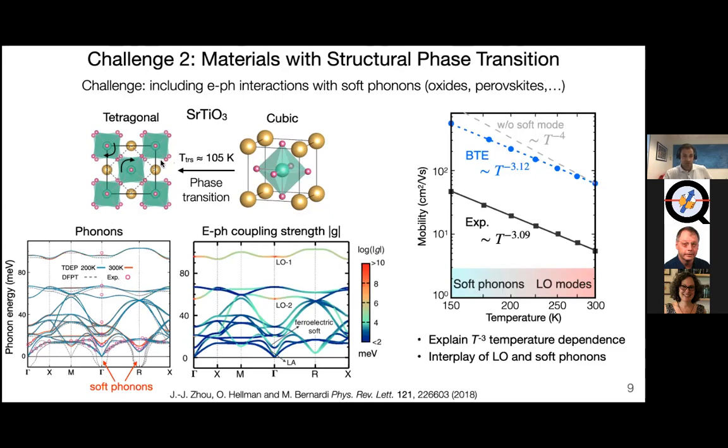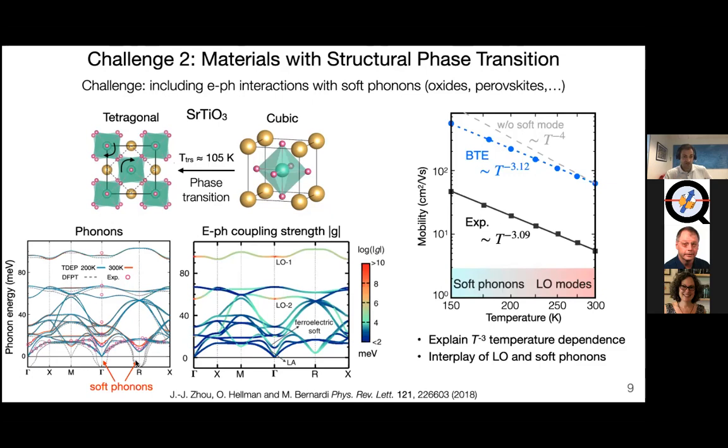Now, the challenge for these materials with structural phase transitions is that the atomic vibrations that accompany the phase transitions, the so-called soft phonons, are notoriously difficult to describe from first principles. In particular, if you do a phonon calculation shown here on cubic strontium titanate, so you're typically interested in the high temperature phase, you see that the soft modes show up as dynamically unstable modes, which is unphysical.